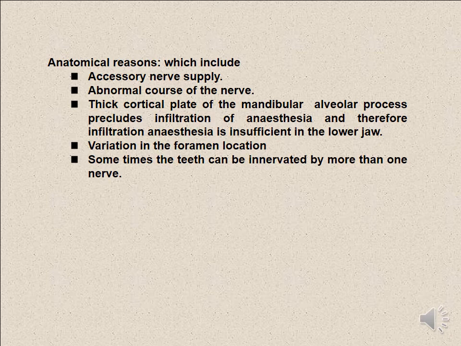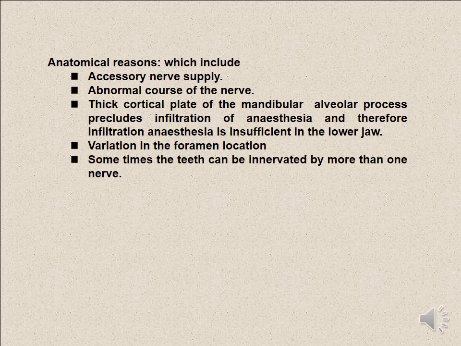For example, the central incisor can be innervated from the other side as well, or between the canine and premolar there can be innervation from the anterior superior and the middle superior nerves. So when you give anesthesia and there is no response, you must anesthetize the other nerve.